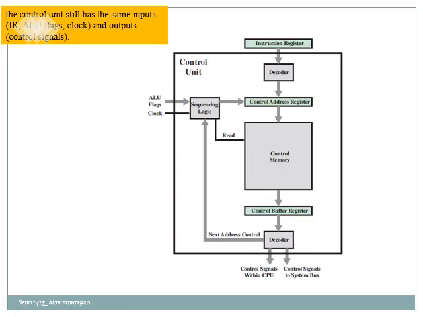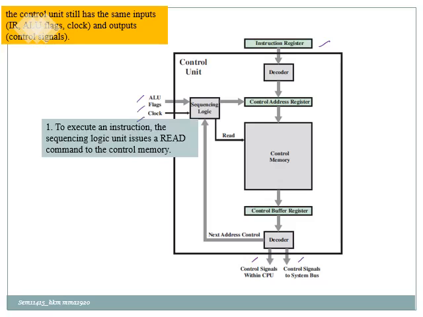The control unit still has the same inputs. We still have the instruction register IR, the ALU flags, the clock, and the output is still control signals, these two. The control unit functions as follows.